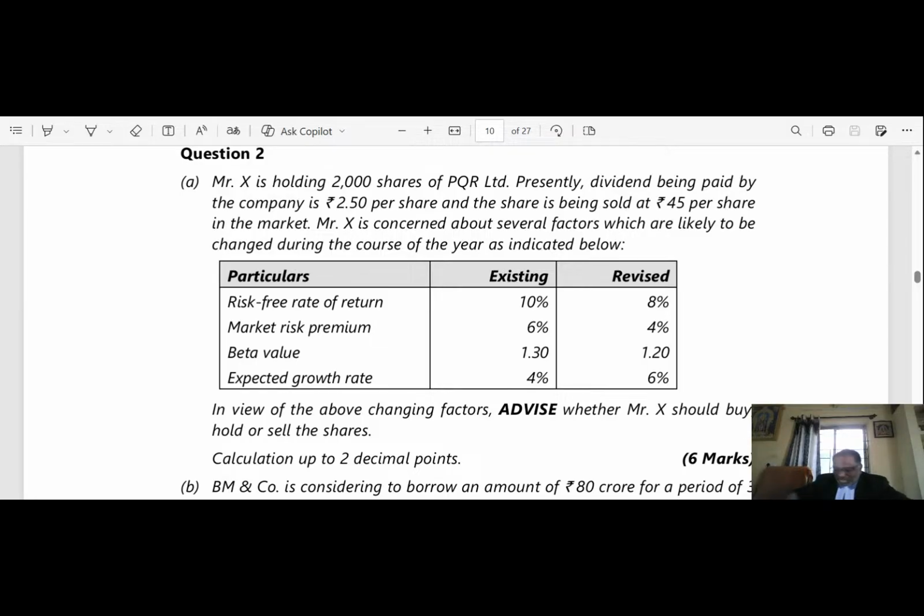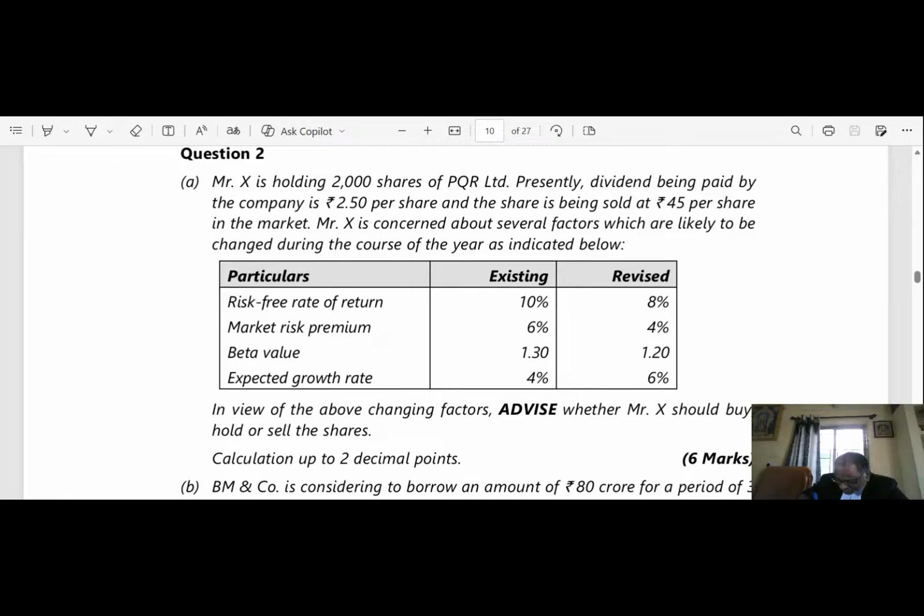Okay, let's start doing the problem based on the information available to us. Based on the information available, I am able to trace that in the capital asset pricing model, cost of equity KE is equal to RF plus beta into RM minus RF.